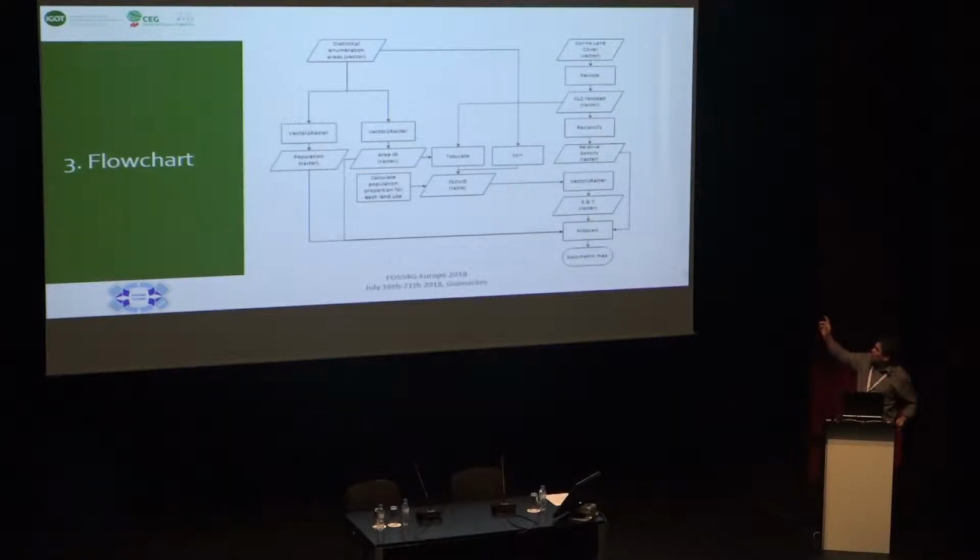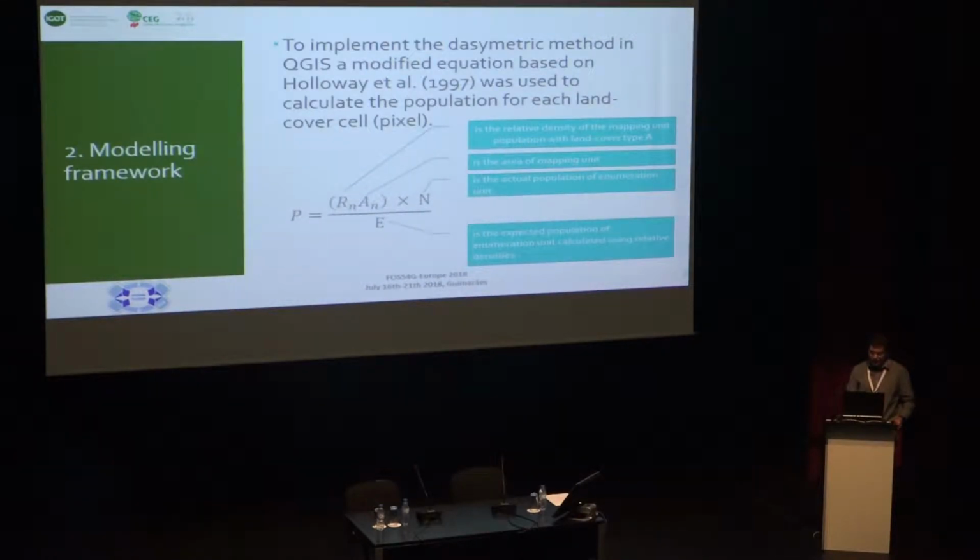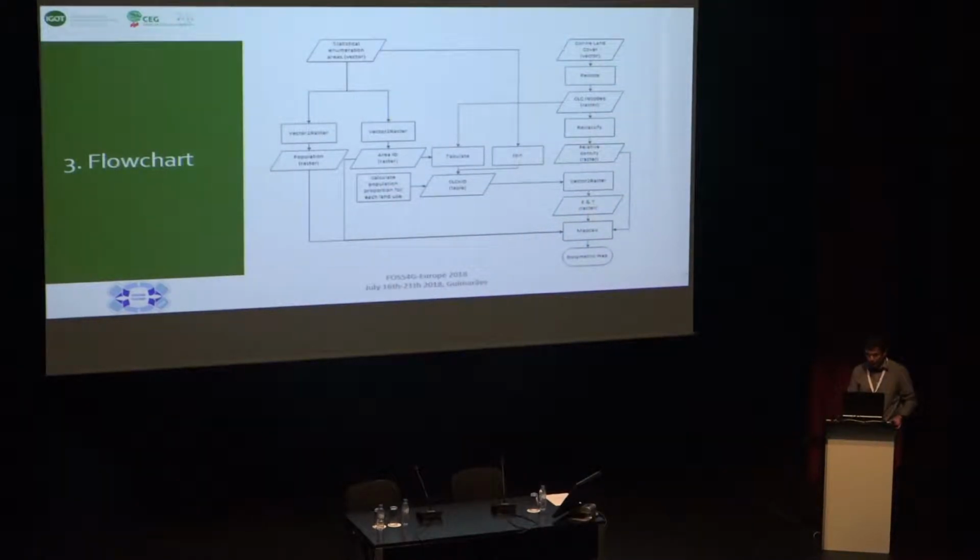And then what we are doing with this diagram is obtaining all these parts of the formula. It's just as simple as this, in order, in the final step, to calculate the dasymetric map. The dasymetric map is a representation of the population by the different land uses. Simple as this.